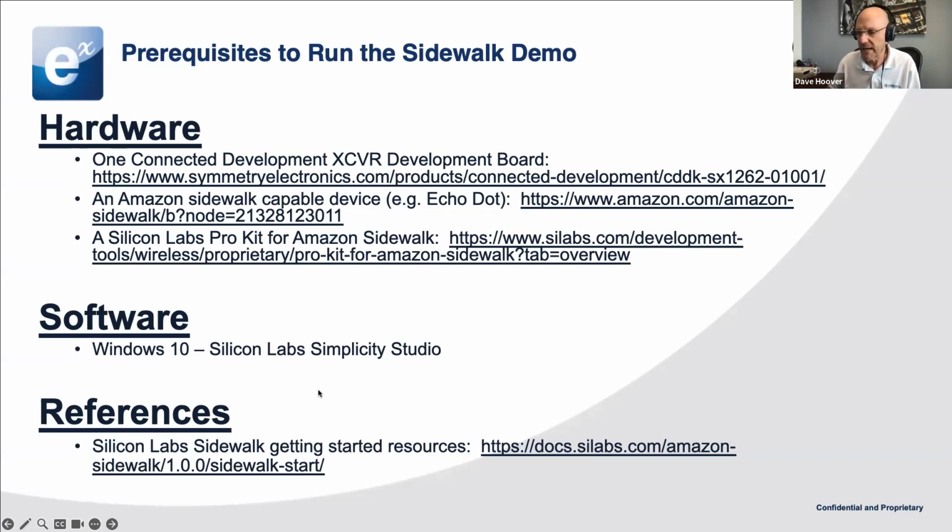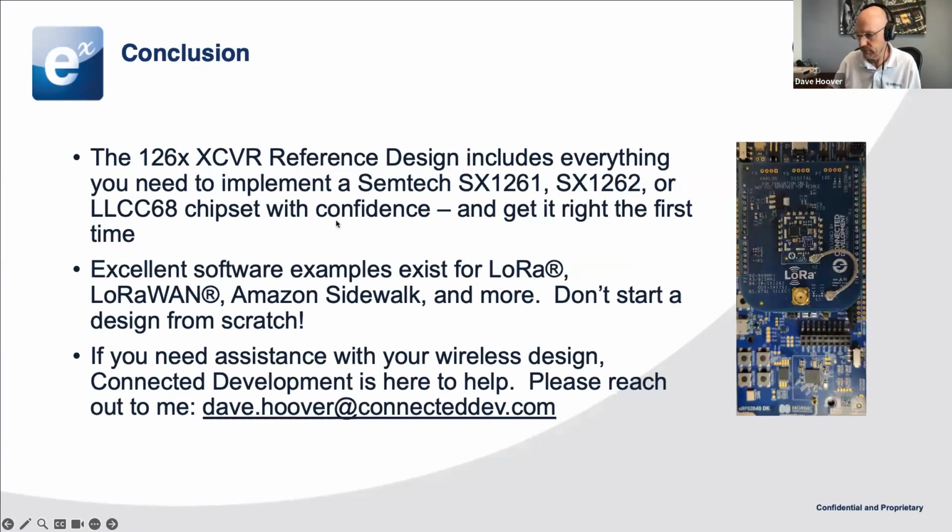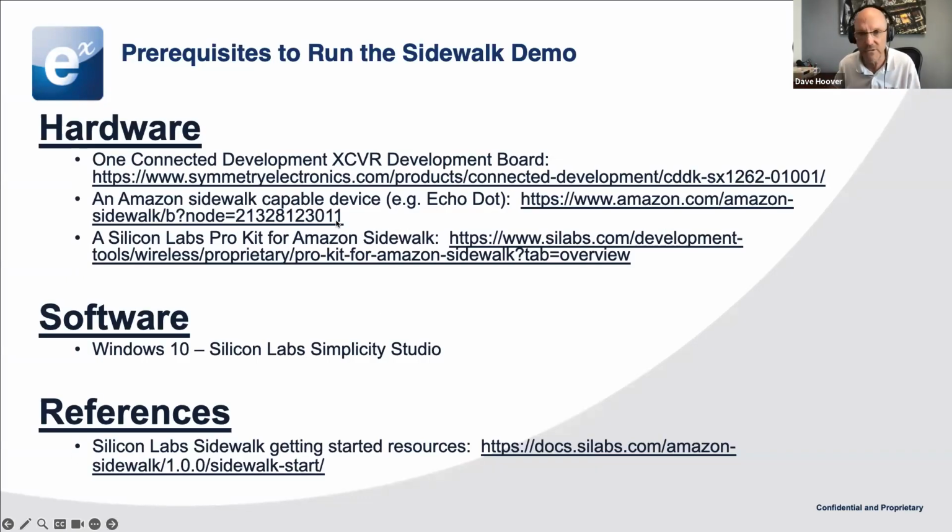For Silicon Labs, their IDE is Simplicity Studio. It's got a great IDE environment that has all the examples built in, very easy to use. So that needs to be installed. And then the bottom reference there is a getting started resource from Silicon Labs on how to do this entire demonstration.